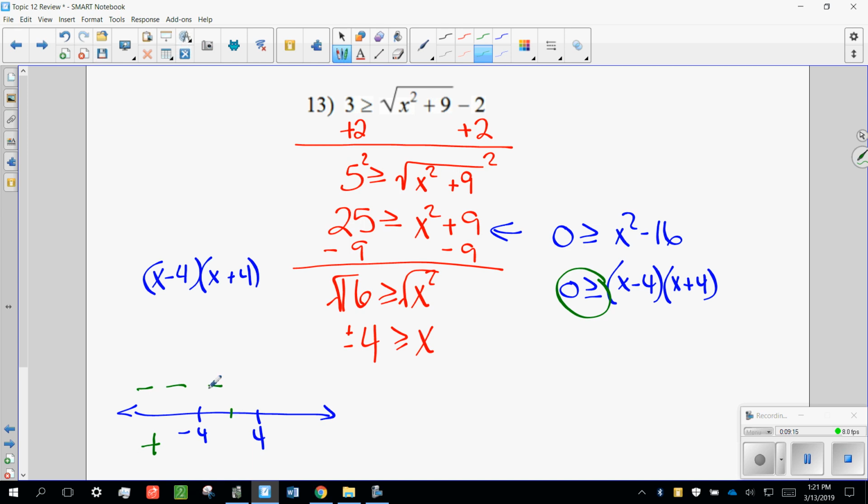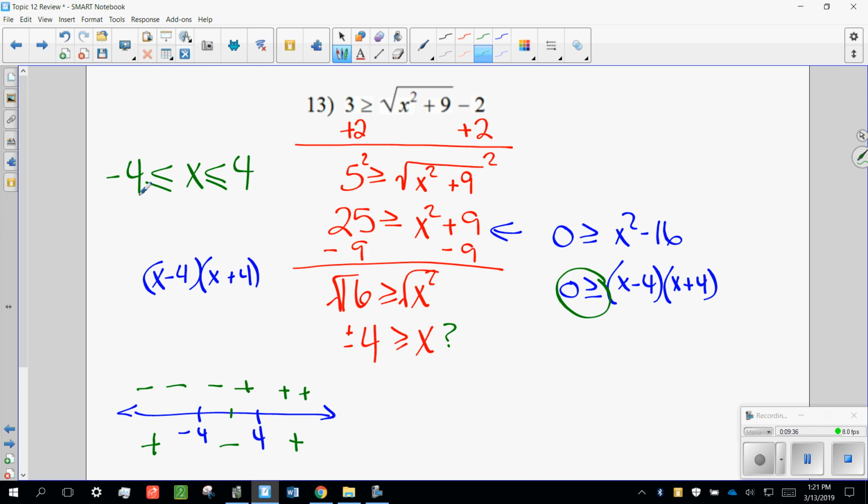That would give us a negative and a positive, and those multiply to be a negative. Over here we'd have a positive and a positive. So our answers are between 4 and negative 4. They need to be less than or equal to 4, greater than or equal to negative 4.